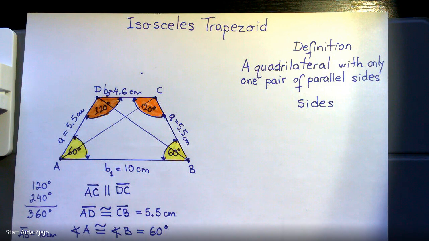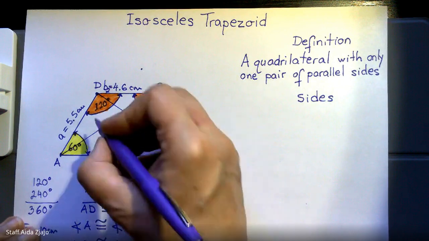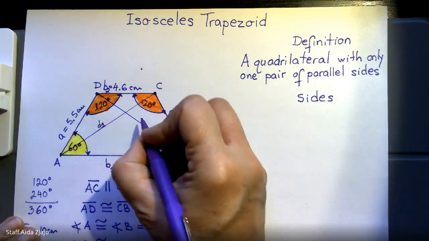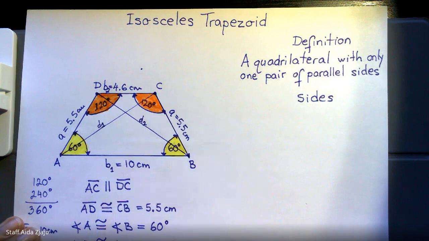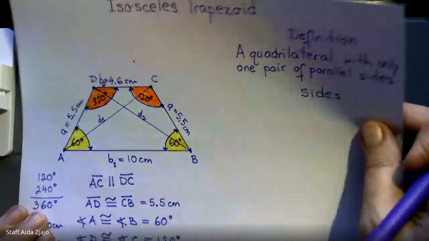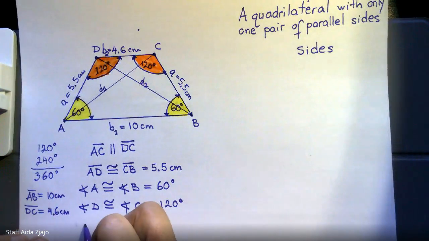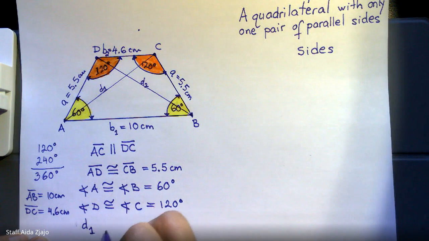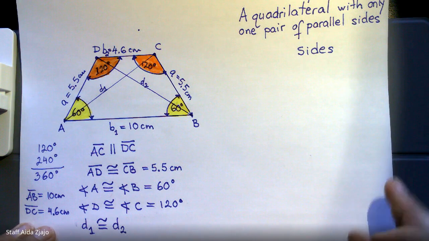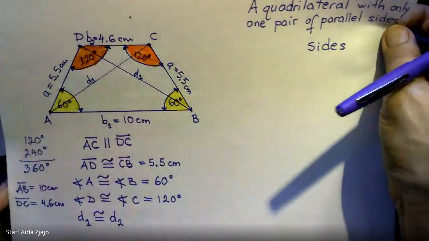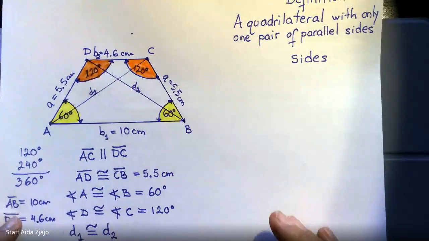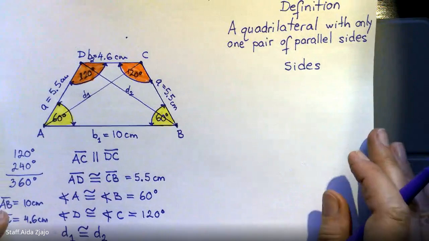We can say that diagonal 1 and diagonal 2, so D1 is congruent to D2.